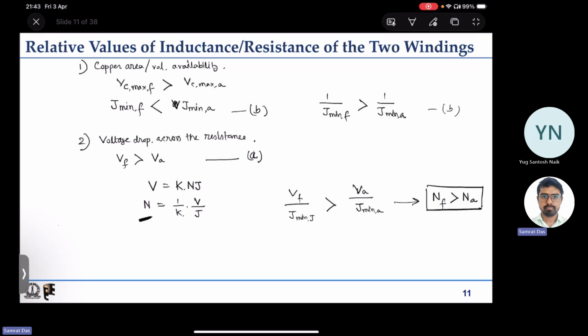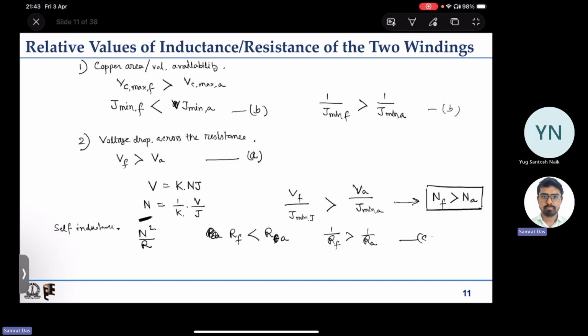Now the self-inductances. The self-inductances are basically the number of turns squared divided by reluctance. We have already seen the reluctance of the armature. Let me write field first. So the reluctance of the field winding is very low compared to the reluctance of the armature winding. So 1 by Rf is very high compared to 1 by Ra.